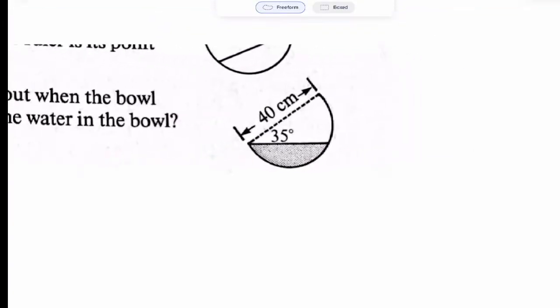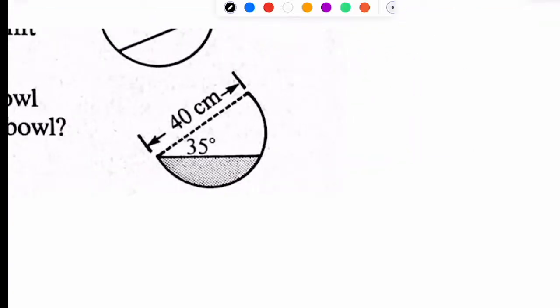The bowl question, they want you to find the depth of the bowl. What's going on in this bowl here? So this is what they want you to find. That's just the radius of the circle. The distance from here to here is 20. That's the radius of the circle.